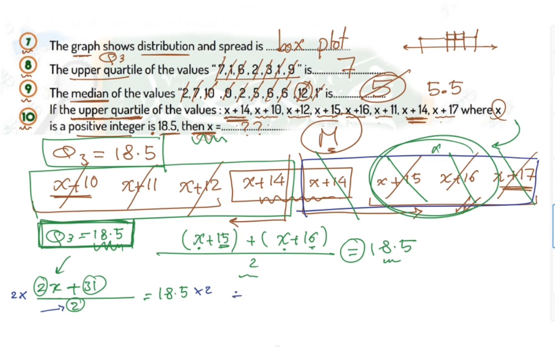Now, 2 by 2 equals 1. You have just 2x plus 31. And 18.5 by 2, look with me, 2 by 18 equals 36. 2 by a half equals 1.